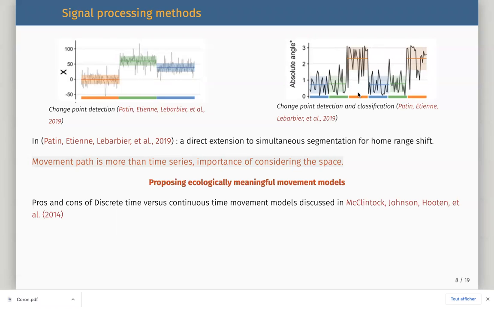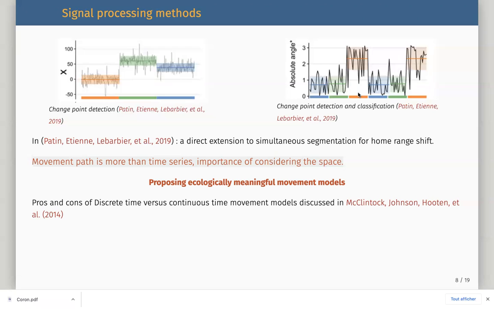And it could be difficult to achieve a regular time step, even if your device is set up to have regular positions. Depending on the environment, if you are in a very deep forest, for example, it's very difficult to have a GPS signal. If you are under the sea, you can't have any GPS signal. So there are many environmental conditions which go against the fact that we have a regular time step.